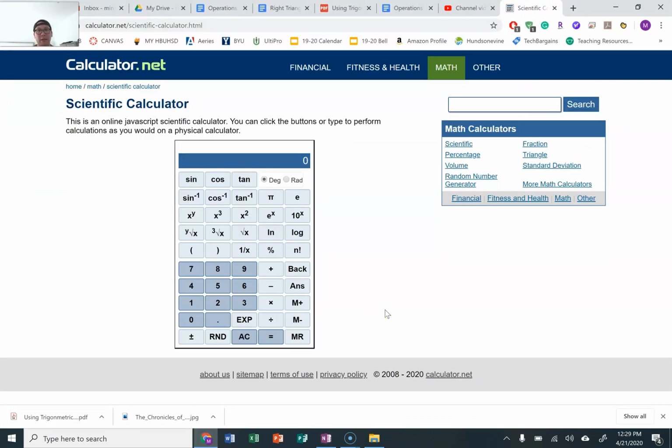Here's my scientific calculator. It's embedded onto the timeline, under each assignment so far, so make sure if you haven't done so, bookmark this link. Highly recommend it. We're going to press inverse sine. It's going to look something funny when you press it, but you want to press sine of negative 1, or inverse sine. On here I'll press this arc sine, still the same thing.